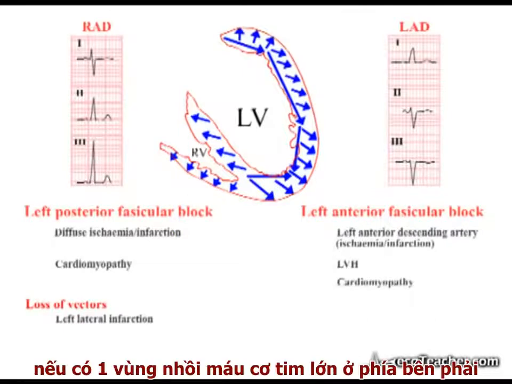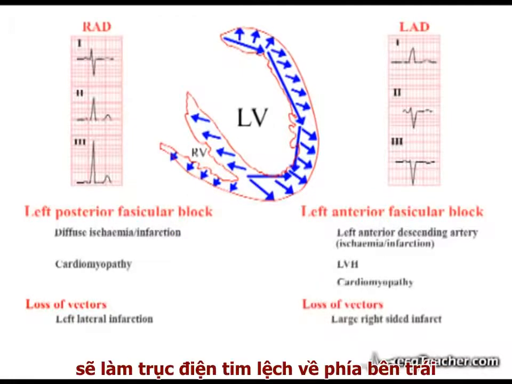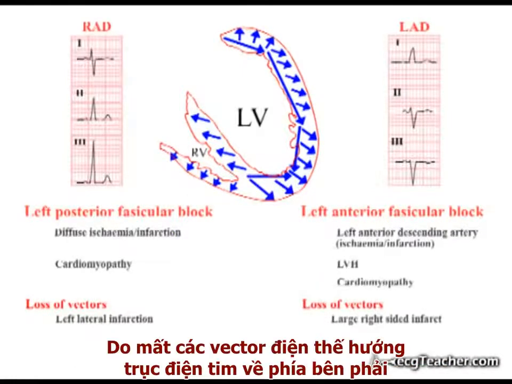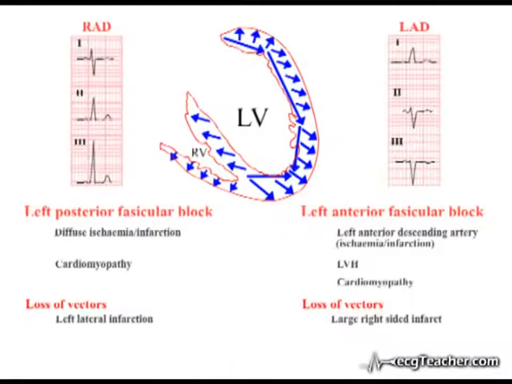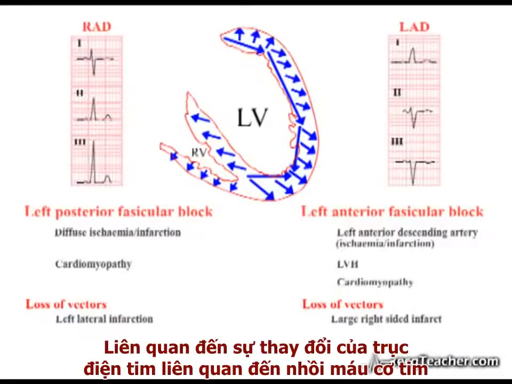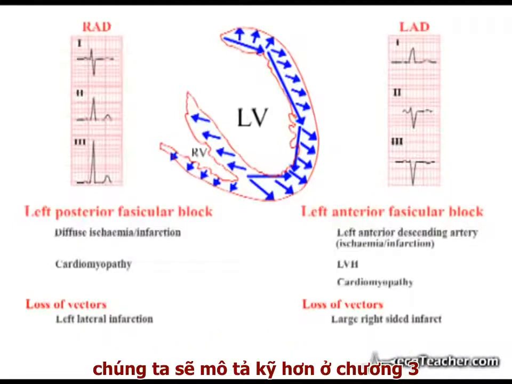Equally, a large right-sided infarction can shift the axis to the left by loss of depolarization events directed towards the right. Changes in the cardiac axis occurring in association with myocardial infarction is an area we will discuss in more detail in section 3.